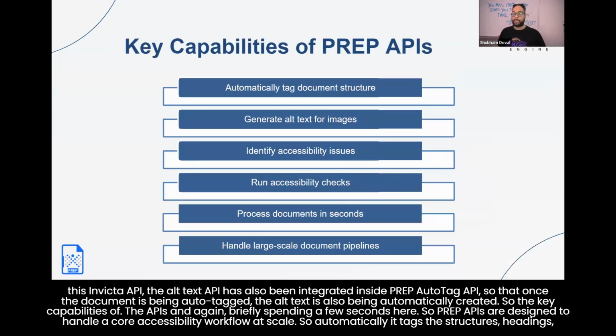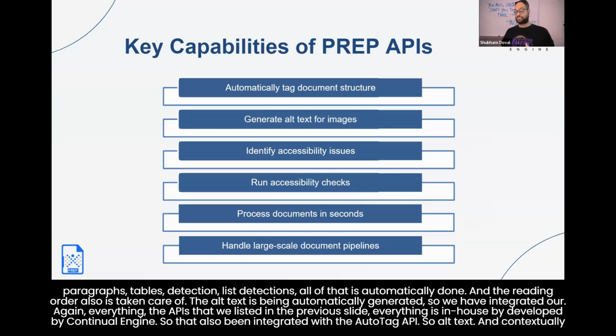So the key capabilities of the APIs, and again, briefly spending a few seconds here. Prep APIs are designed to handle a core accessibility workflow at scale. Automatically, it tags the structures: headings, paragraphs, table detection, list detection, all of that is automatically done. The reading order is also taken care of.